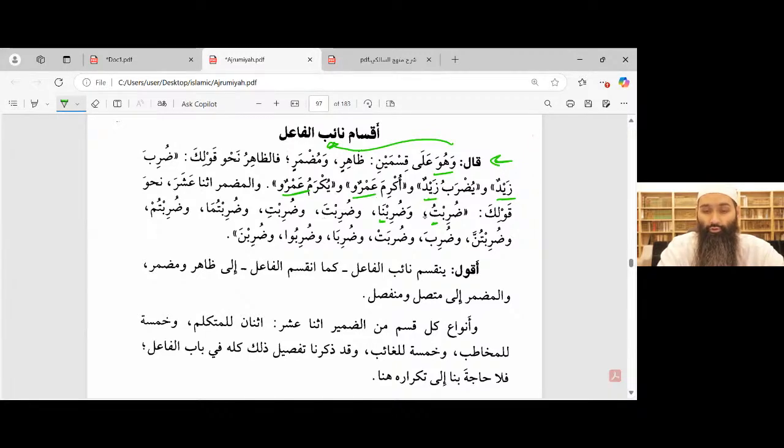You see here this تُ is a نائب الفاعل, this نا is a نائب الفاعل. ضربتِ, the ت is نائب الفاعل. ضربتما, ضربتم, ضربتن, the ت is نائب الفاعل. ضرب, the هو is نائب الفاعل ضمير مستتر. ضربت, هي. ضربا, ألف نائب الفاعل. ضربوا, واو نائب الفاعل. ضربنا, نون نائب الفاعل.